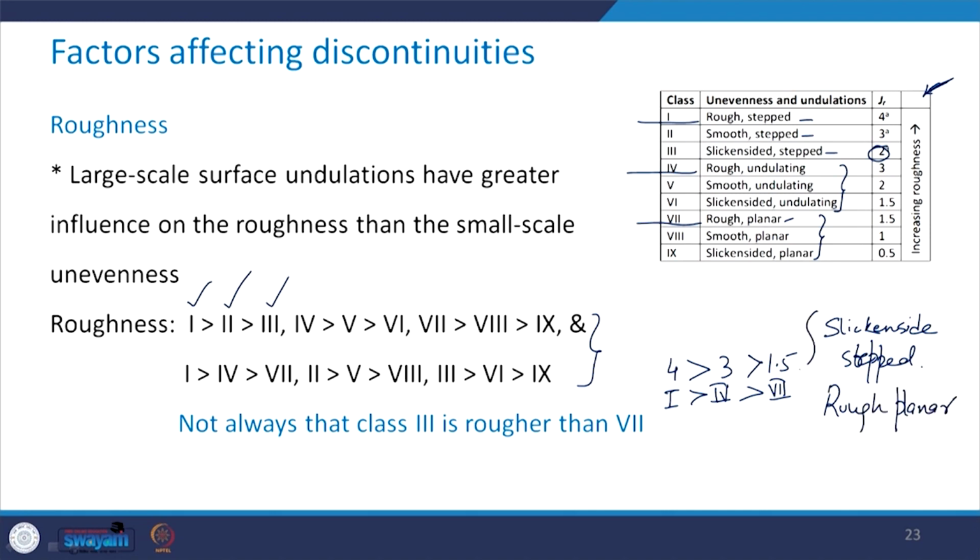So, we cannot say for sure the relative roughness corresponding to these 2 categories. If you keep the large scale roughness the same and compare with respect to small scale unevenness, then you can find a trend in all the categories, and the other way round is also true. But in such cases we cannot say that class 3 is always rougher than class 7.